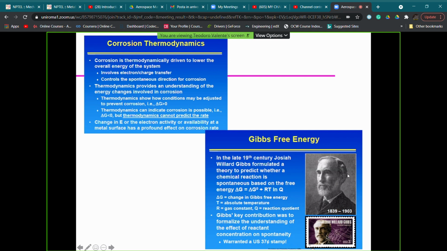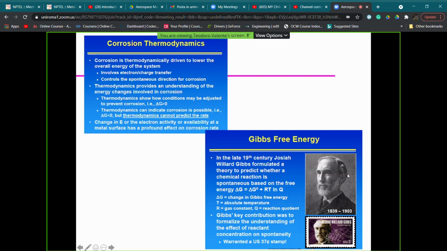So we can say from a thermodynamic approach, remembering the formulation of the change in Gibbs free energy, depending on the absolute temperature, depending on the universal gas constant, depending on the reaction quotient.